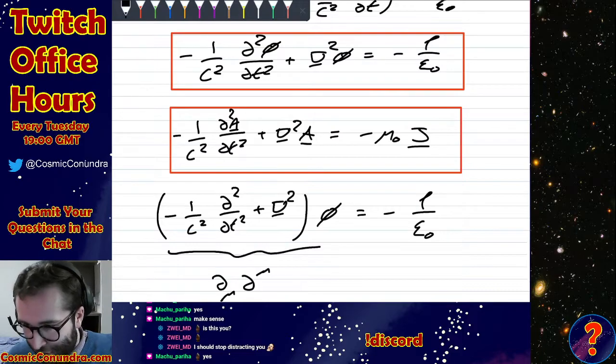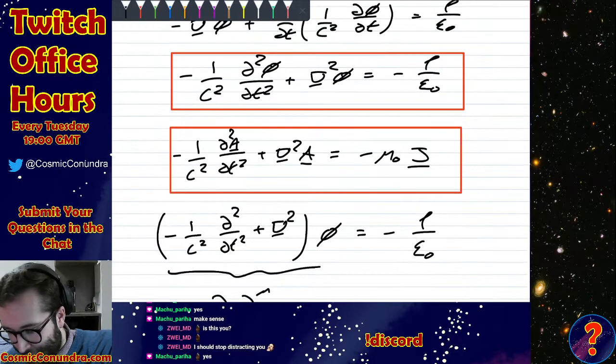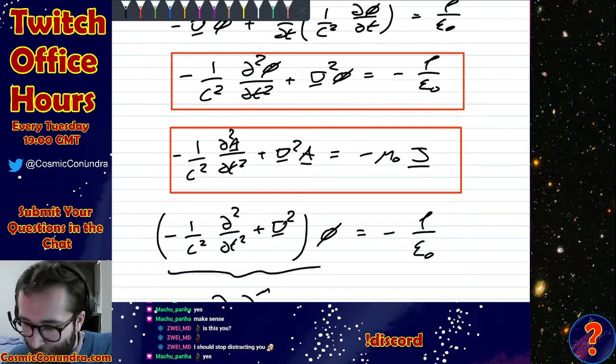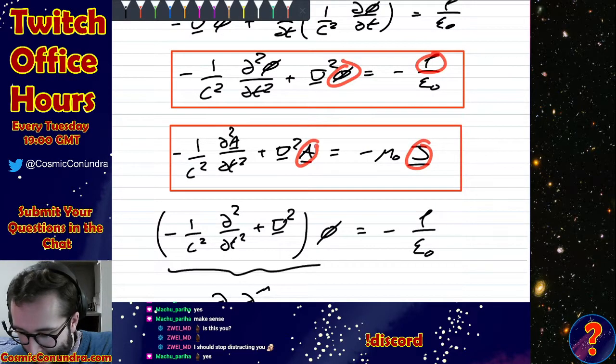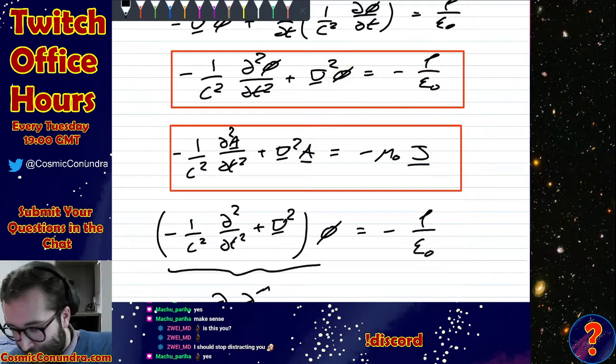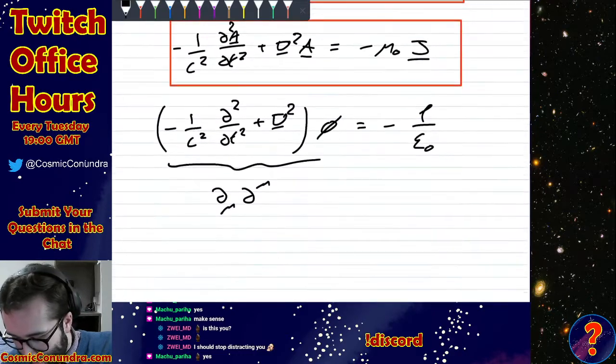The way we do this typically, motivated by the apparent similarity between rho and j, and between phi and A, we define 2 new quantities, 2 new 4 vectors.